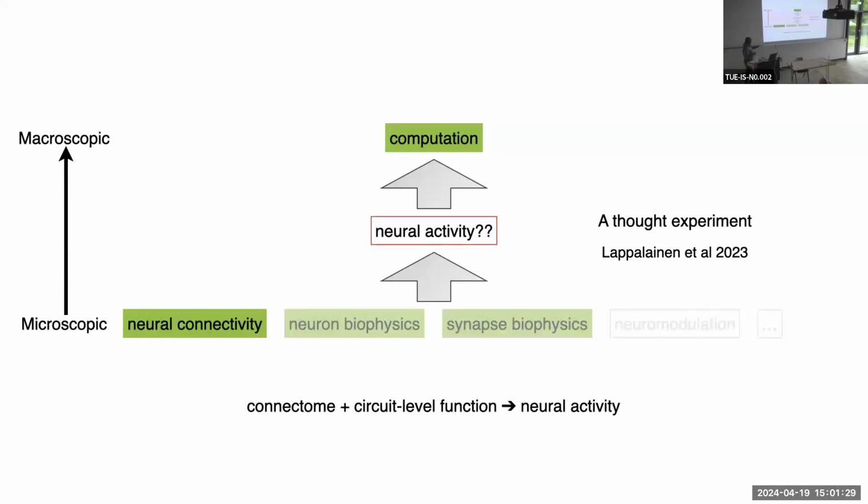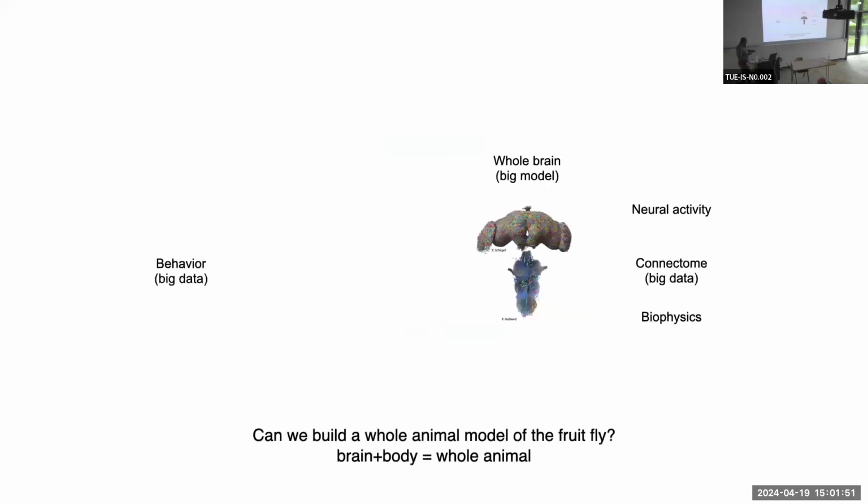So I hope I've shown you now that by combining these microscopic measurements with something macroscopic that's about the collective computation of the network, you can predict neural activity in this network. And so where do we go next? Now, we live in this super exciting time where we have a connectome for the entire fly brain.